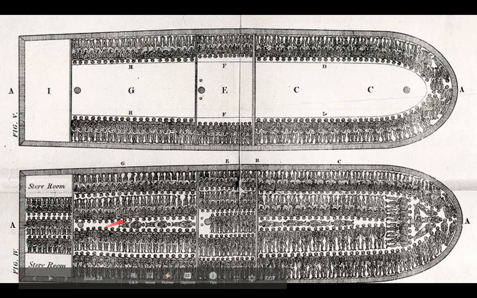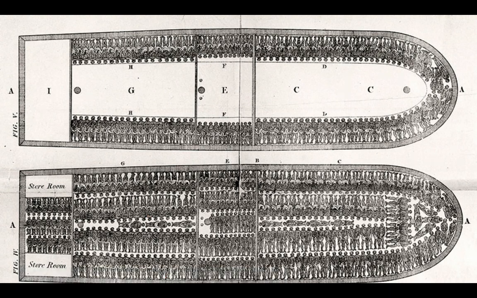As you can see right here, this is a flat diagram. So this image already should be disturbing to you of how many people we're packing in. But I want you to take this image in your mind and make it kind of 3D. Because these people are laying down, they would pack these slave ships in bunk beds kind of, but like 3 or 4 people up.